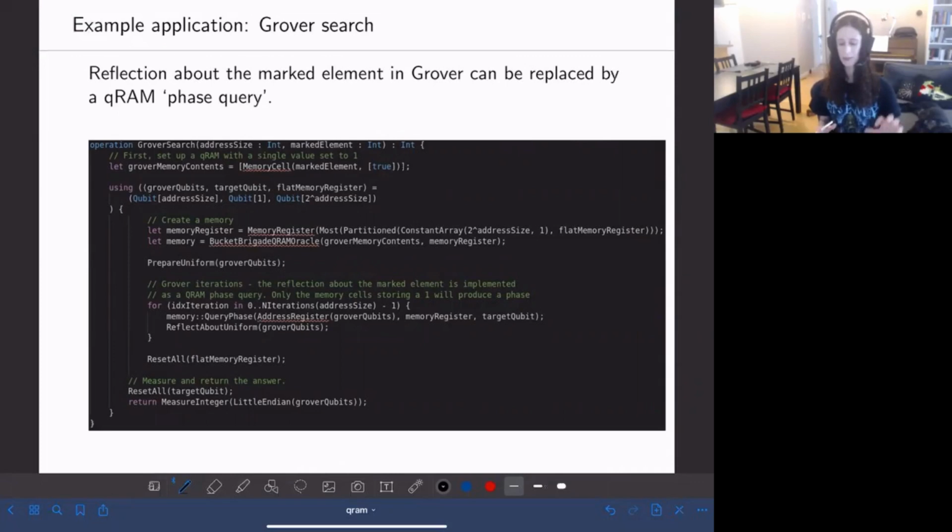What happens is you have a memory where it's storing 0 in every memory cell except for the marked element. And then when you want to do the reflection about that element, you can just ask the memory to query the phase rather than programming the oracle circuit in full.